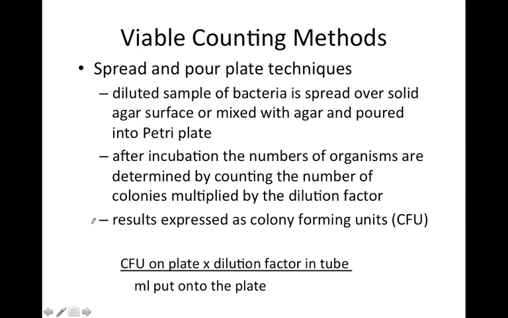So if I had a plate of bacteria, let's say I counted 40 colonies on that plate. So that's in a good range. It's more than 20 or 30, and it's not too high, so it's a good count. So I'm going to say that there's 40 CFUs on my plate.